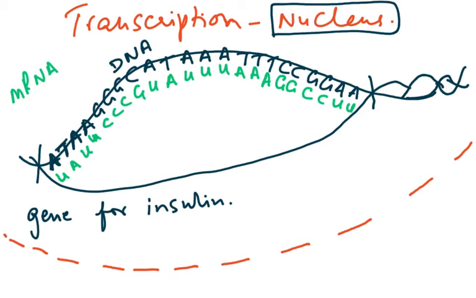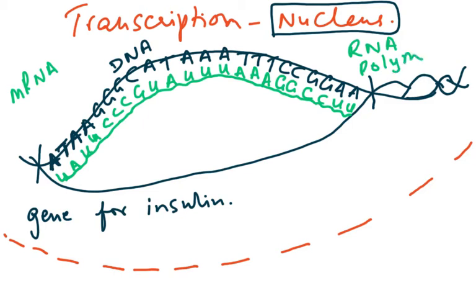So the DNA is copied by the RNA, but then these nucleotides have to be joined and a sugar phosphate backbone has to be formed, which is going to be done by the RNA polymerase. This is an enzyme called RNA polymerase that is going to be joining these RNA nucleotides together.